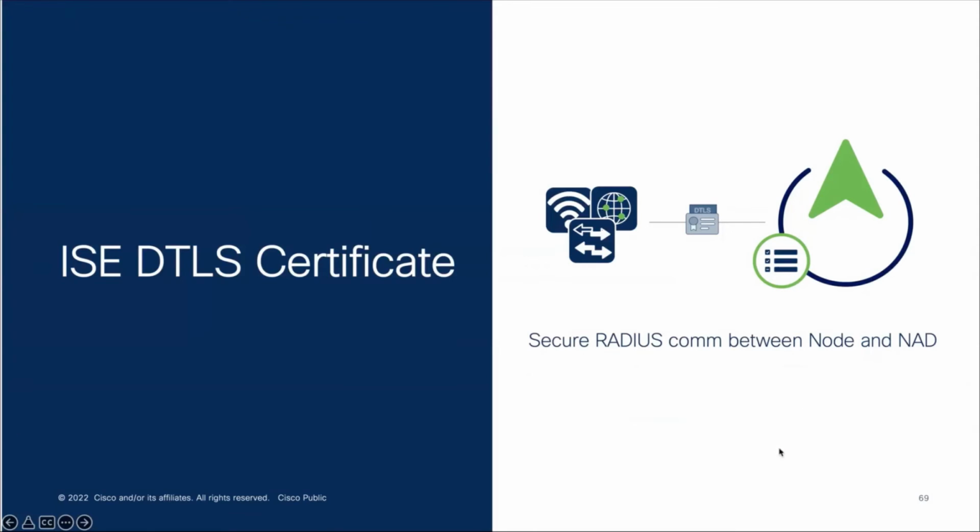Now that we have talked enough on the portal certificate, let's get into the other aspect of a DTLS certificate. As I said earlier, when the network access devices want to send a RADIUS request to the ISE, it's going to make use of a DTLS certificate.